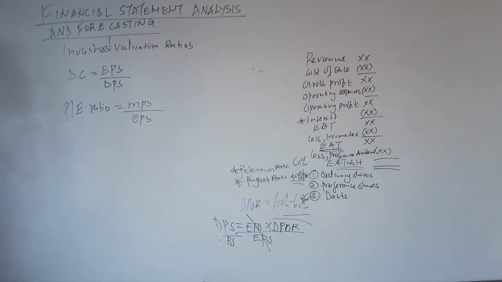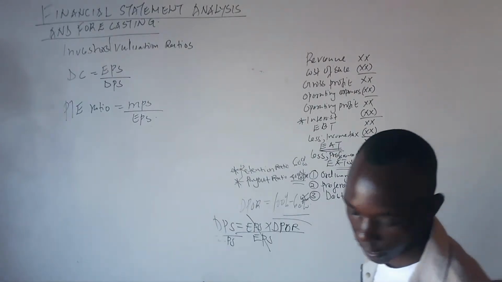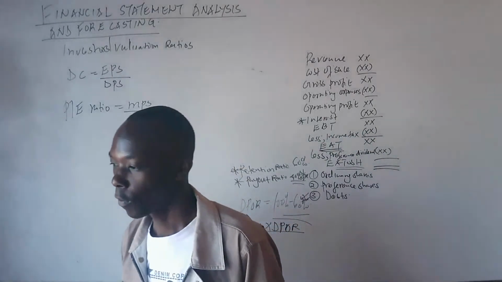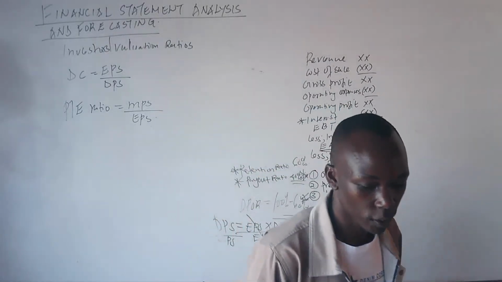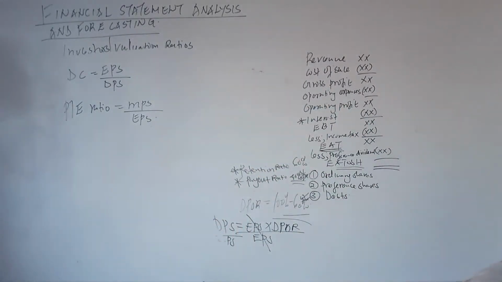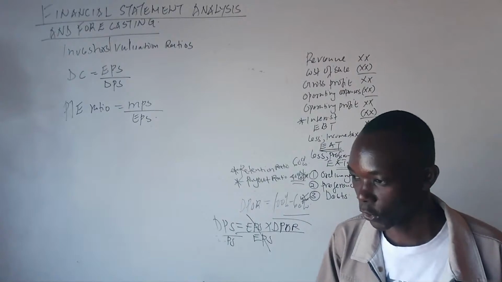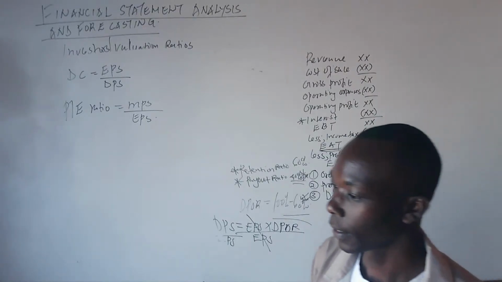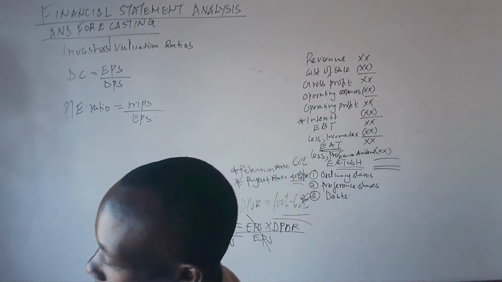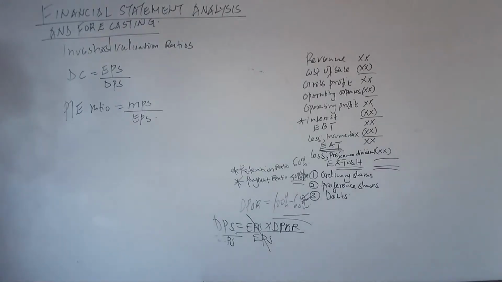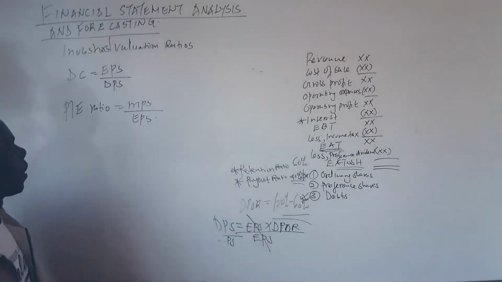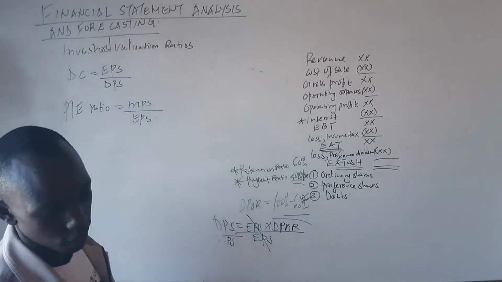Number 4, the dividend yield. Number 5, dividend payout ratio. Number 6, the DC, which is the dividend cover, and the last one was the PE ratio.